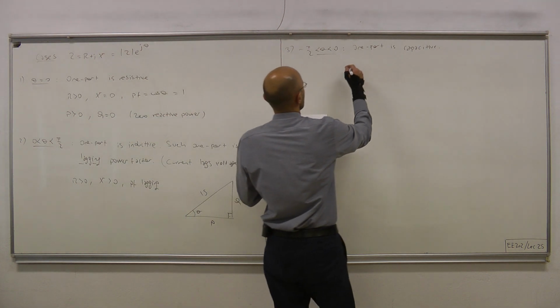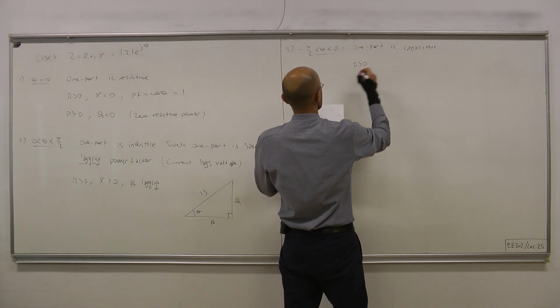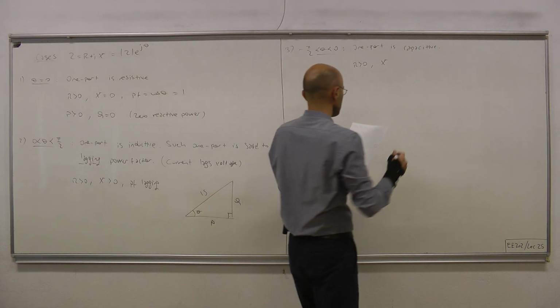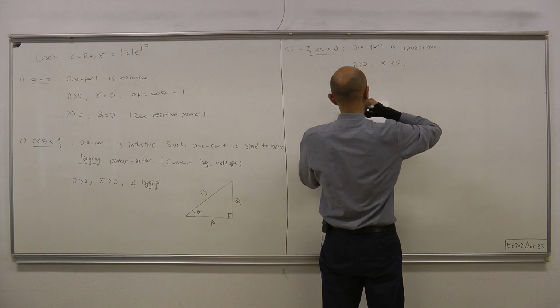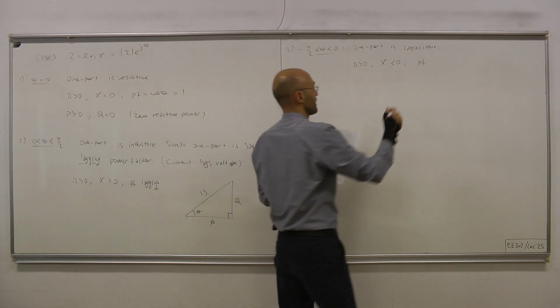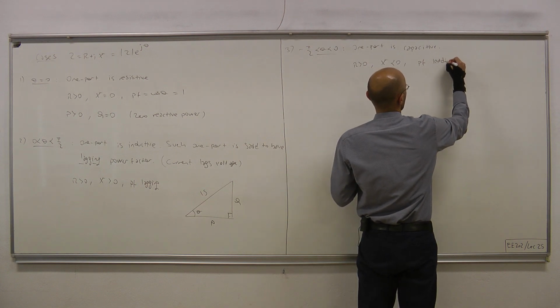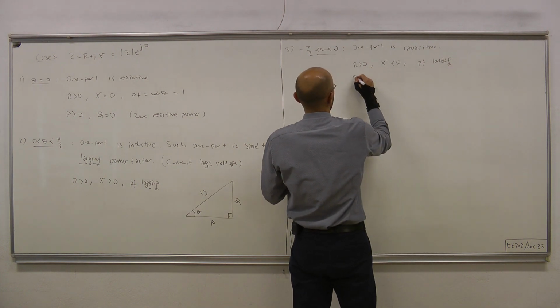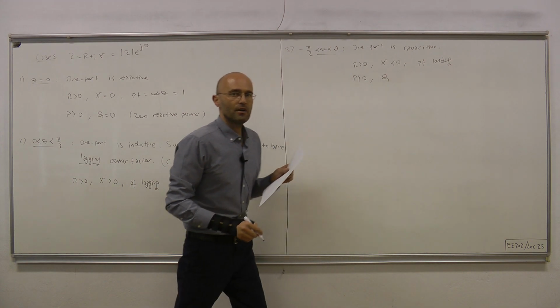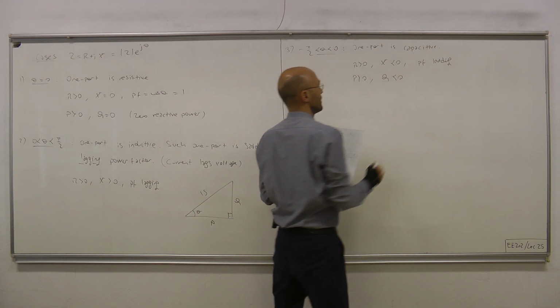Okay, so R is positive. This time X, the reactance, is negative, and the power factor is said to be leading. And P is positive, the reactive power is negative.